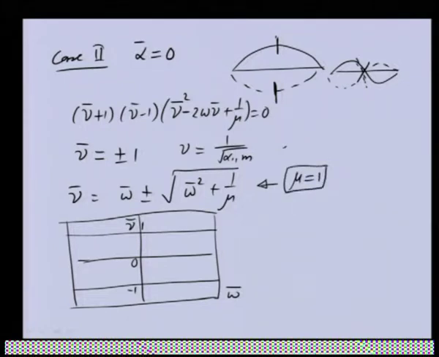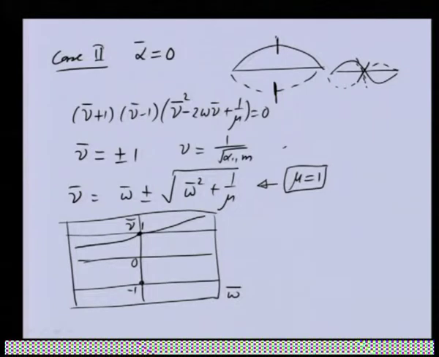So that means if mu is equal to 1, when the speed is 0, nu bar is at this location. For this particular value only it will coincide here, and if we increase the speed, the frequency plot will be something like this, or if you decrease it, it will go like this.